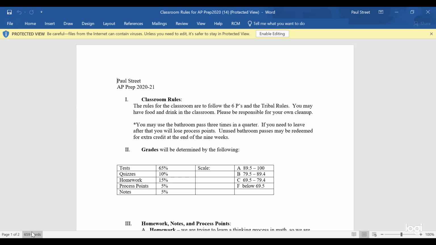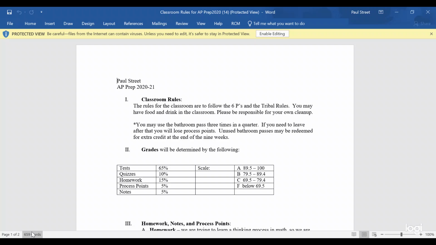If the situation changes, maybe by spring, where we can do that safely, then I'll bring it back and talk about it then. In a normal year, your second quiz would have been on the tribal rules, where you could show that you know what those are, but I'm not even going to get into that here. But I will get to the 6 Ps in a moment.